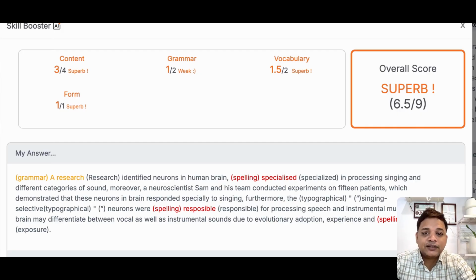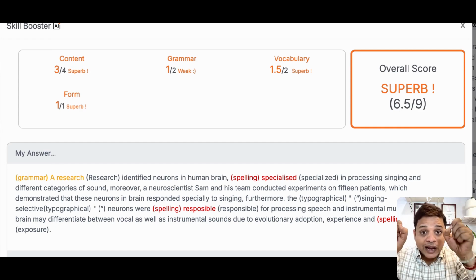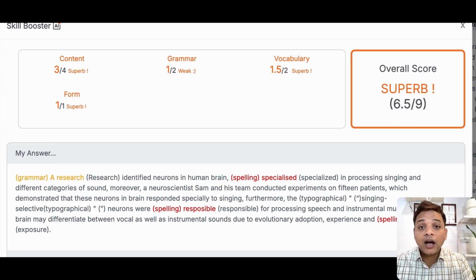All right. The third criterion is vocabulary. The selection of words when you're writing the answer is vocabulary. If all words are appropriate, relevant to the topic, and situationally correct, you get 2 points. If there is a problem, either in vocabulary selection or if there are spelling errors in your answer, then the vocabulary score is going to get reduced.